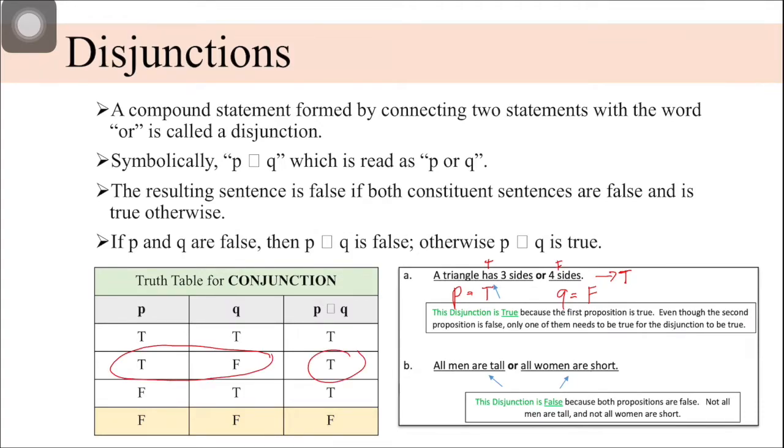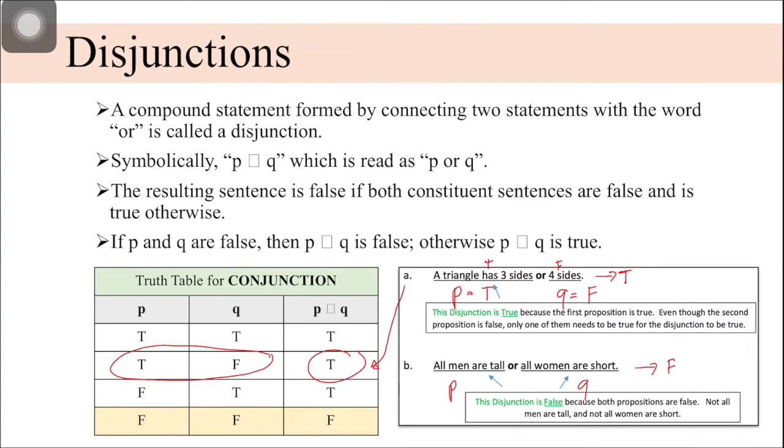Another example. So, mani ang letter A. Another example. All men are tall or all women are short. So this is your P statement and this is your Q statement. So what makes this false? This is false because all men are tall.